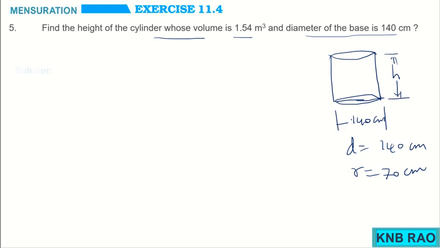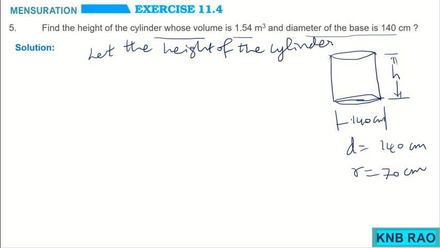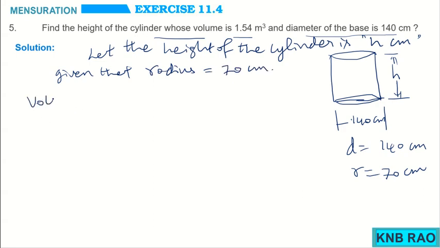Okay. So in the solution, let the height of the cylinder be H centimeter, and given that the base radius is 70 centimeter, can we find the volume?